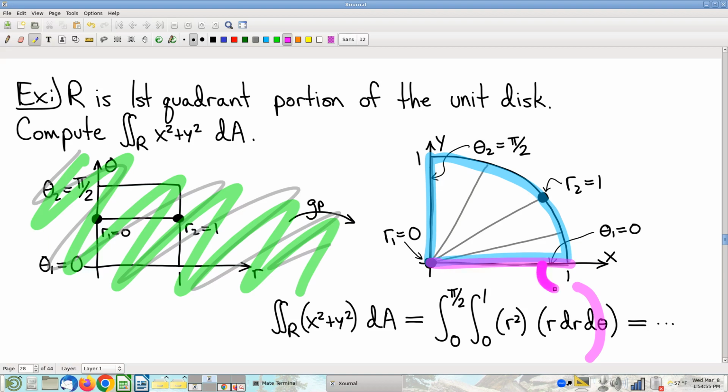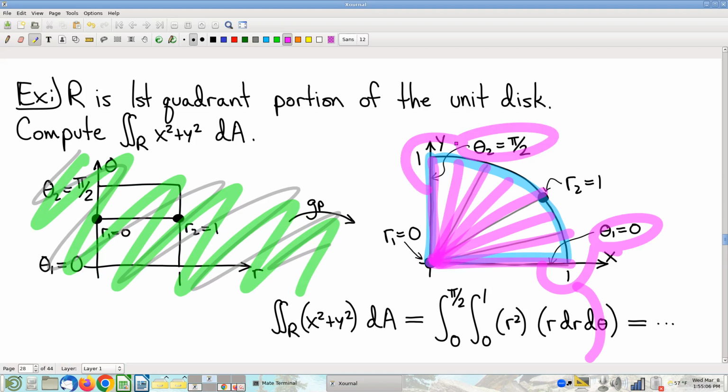There's my first one. Here are various other theta slices. And there's my last one. And you can see right here in this picture, no new picture at all, theta goes from 0 to pi over 2. That's the exact same answer I got when I was looking in the r theta plane.